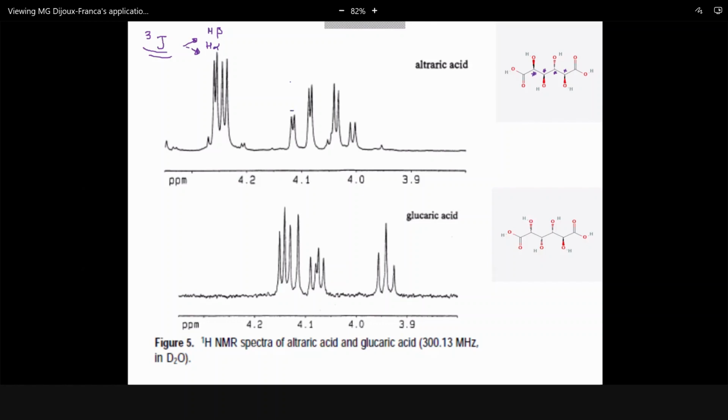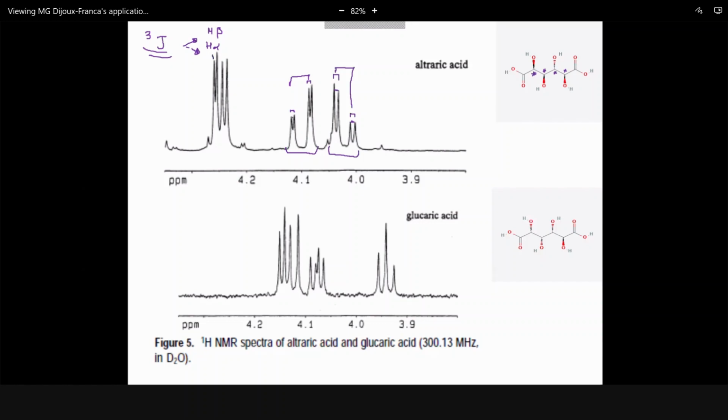Here, as you could see, this is a double doublet with a small coupling constant and a bigger one. Here you have another one with, again, a double doublet, but a little bit different because the coupling constant here is a little bit broader than here.